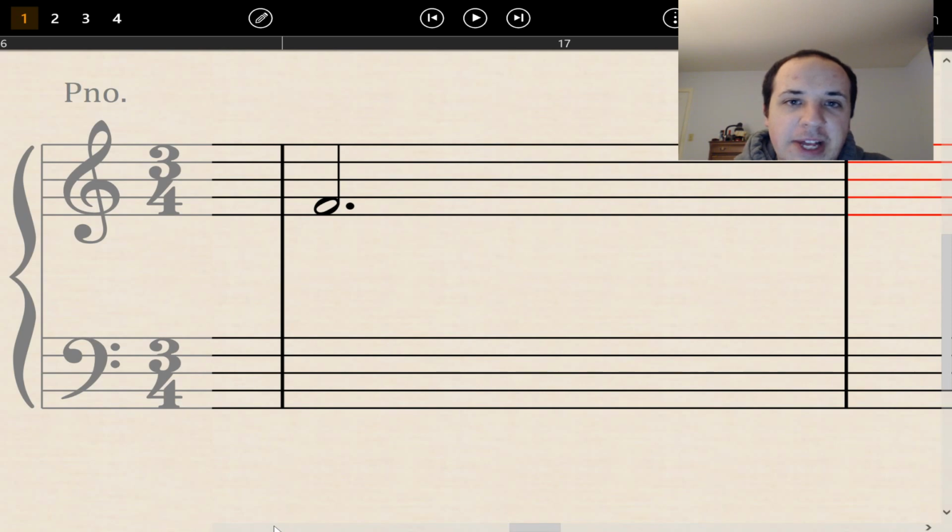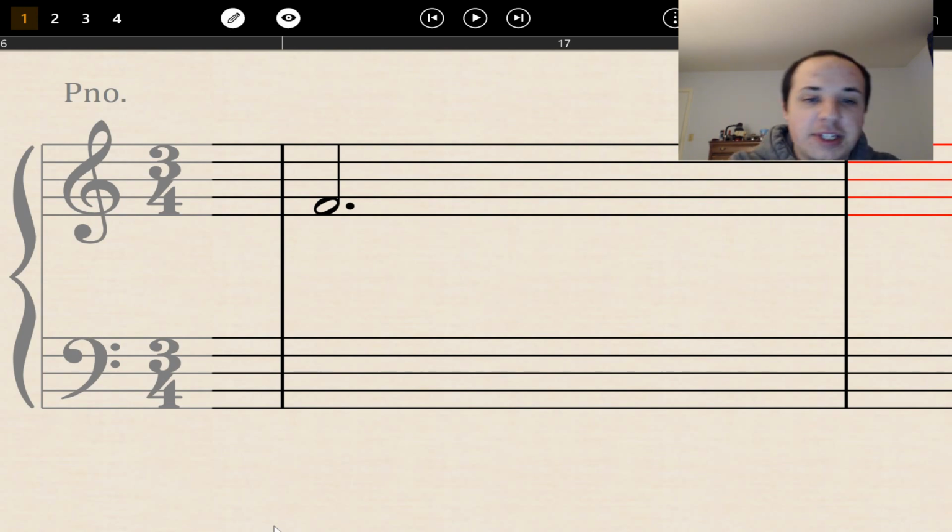There we go. That's our last example for today. Well, think about it. What kind of note do I have? I have a dotted half note. It's going to take up all 3.